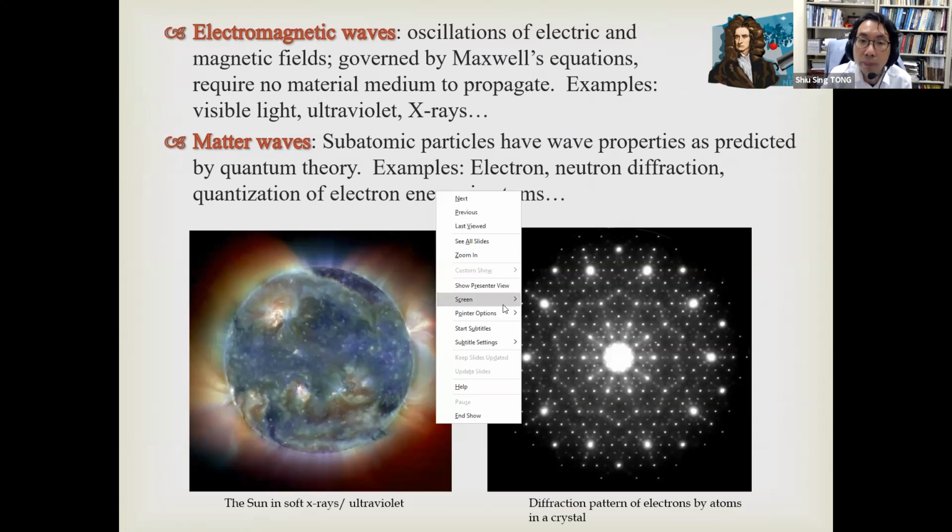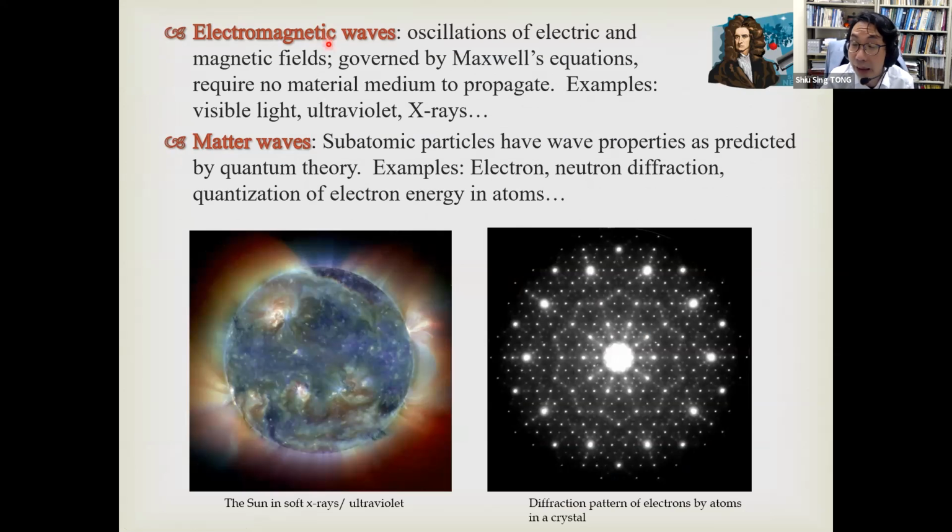Now we also have the electromagnetic waves. Electromagnetic waves are an oscillation of electric field and magnetic field. When the electric field and magnetic field oscillate, they mutually induce each other. So the changing E field induces a B field, and the changing B field induces an E field, and that results in an oscillation.